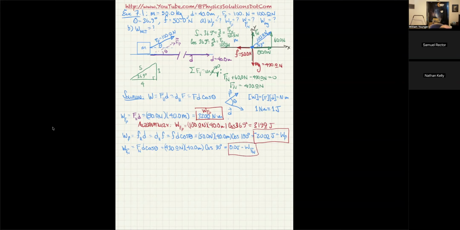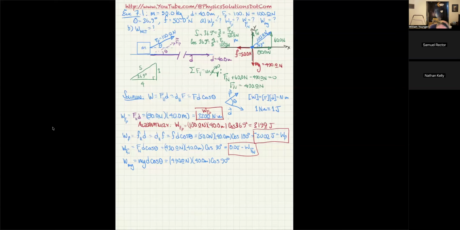So that's that. Now we're going to do the work done by the weight. And that is the work done by mg is equal to mgd cosine theta. The mg we know is 490.0 newtons, but of course the zero after the decimal place is not a sig fig. The d is 40.0 meters, and the cosine again is 90.